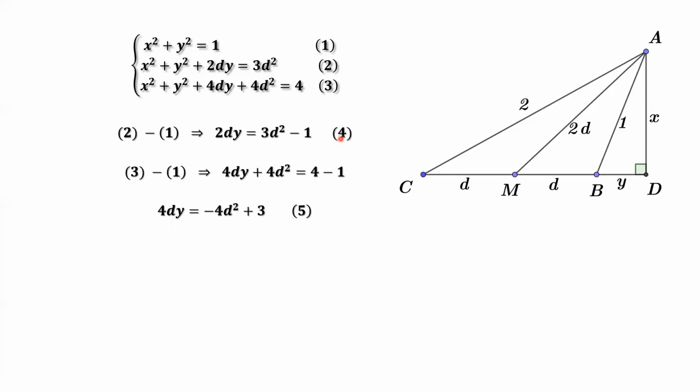Comparing result 4 and result 5, we can see the left-hand sides are similar. One is 2dy, the other one is 4dy. We can do the following operation. Result 4 times 2 minus 5.